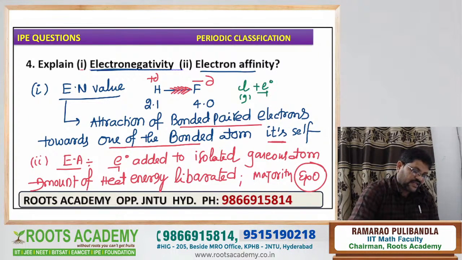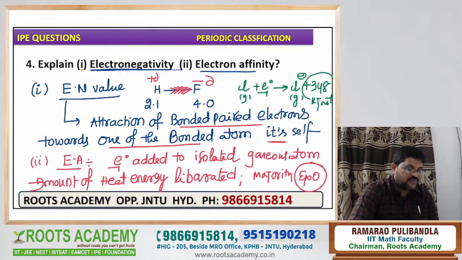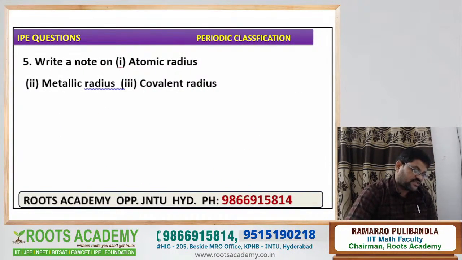When an electron is added to the isolated fluorine atom in the gaseous state, you get F minus ion with liberation of energy, nearly 348 kilojoules per mole. This much energy is liberated. That is the meaning of electron affinity. This is a 2 marks question, and this is a 2 marks question. 2 plus 2, you get a 4 marks question. And see the next question.